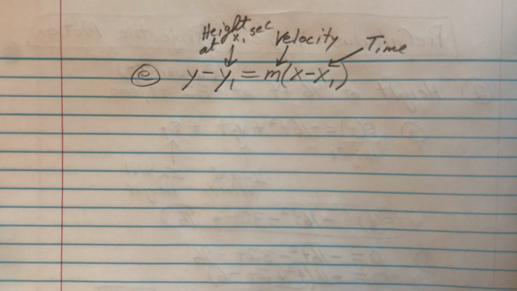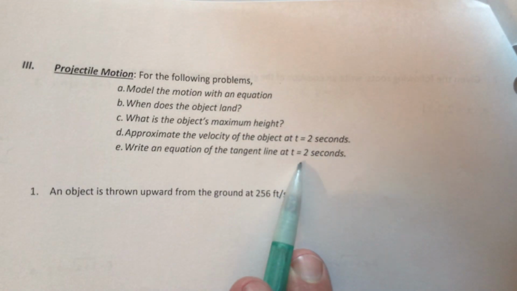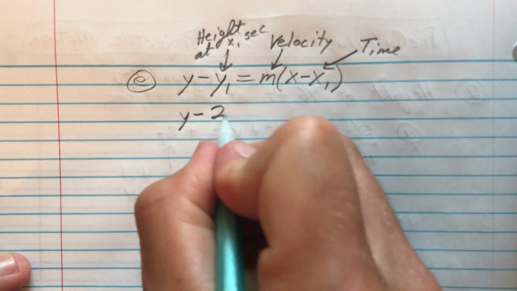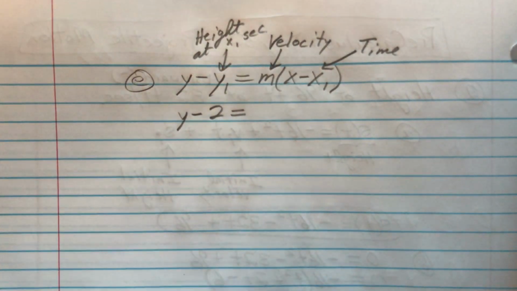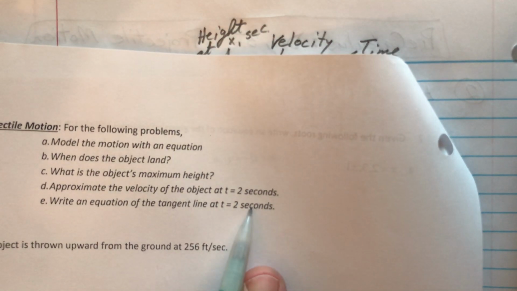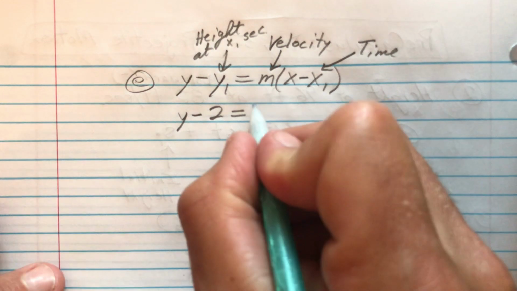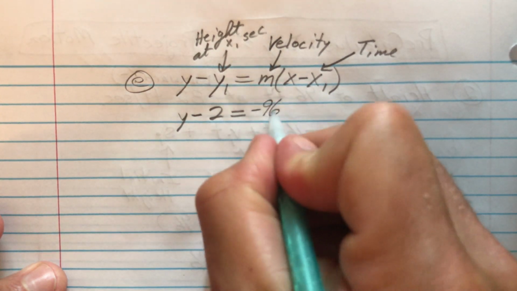So x1 is given to you in the problem. It's right here, 2 seconds. So this is y minus y1. M is the velocity. Since they're asking about 2 seconds, we found the velocity in the previous part to be negative 96. Whoops, I put this in the wrong spot. This is x1, the time.